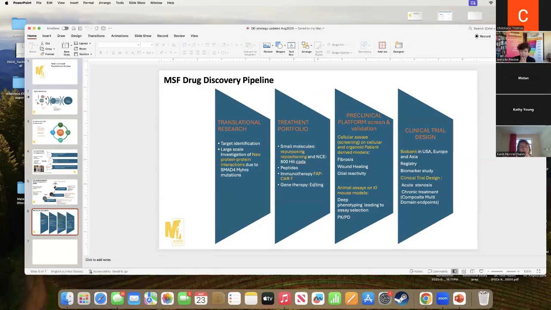And from October to next year, we are going to spend more energy on testing and developing the treatment, and at the same time work on the clinical trial design together with all the clinicians.